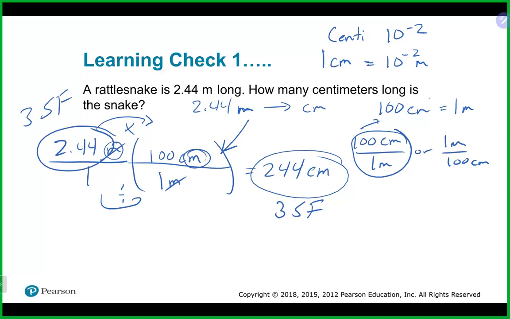Yeah. You can use, if you said 1 centimeter is 0.01 meters. Is that what you said? Yeah, it's the same.